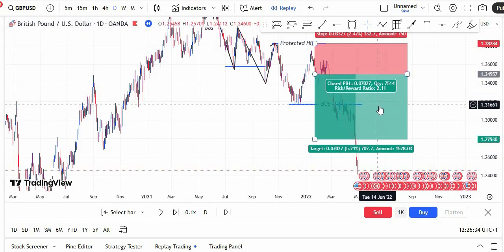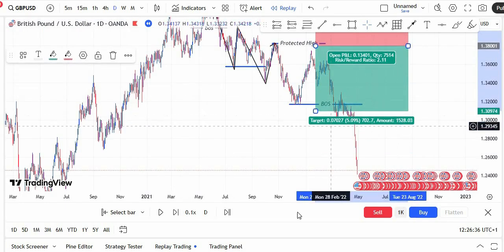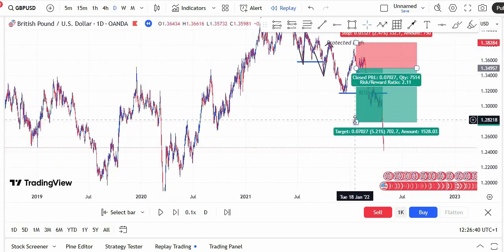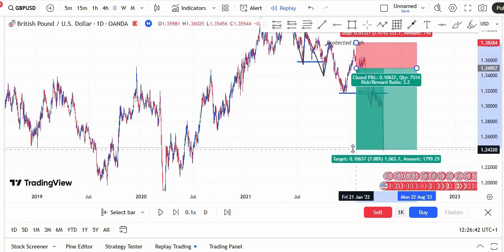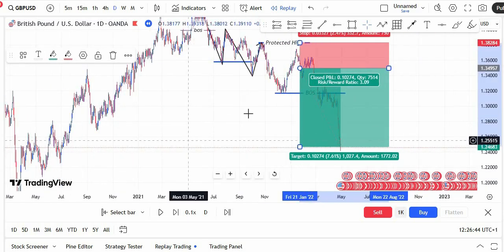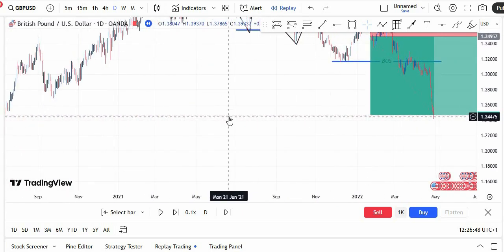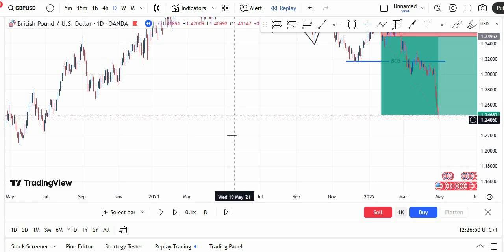Ooh, this is a sweet tank. And this is how we got a nice risk reward, and it has given us a little bit of a 3:1.